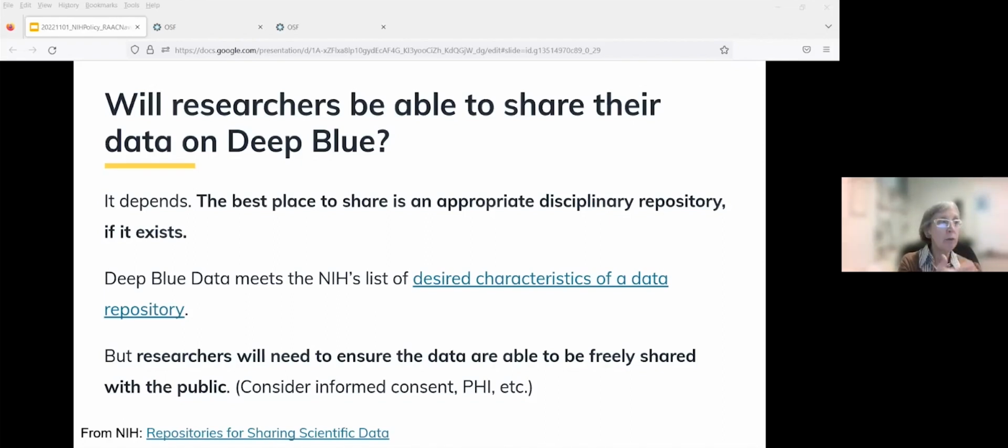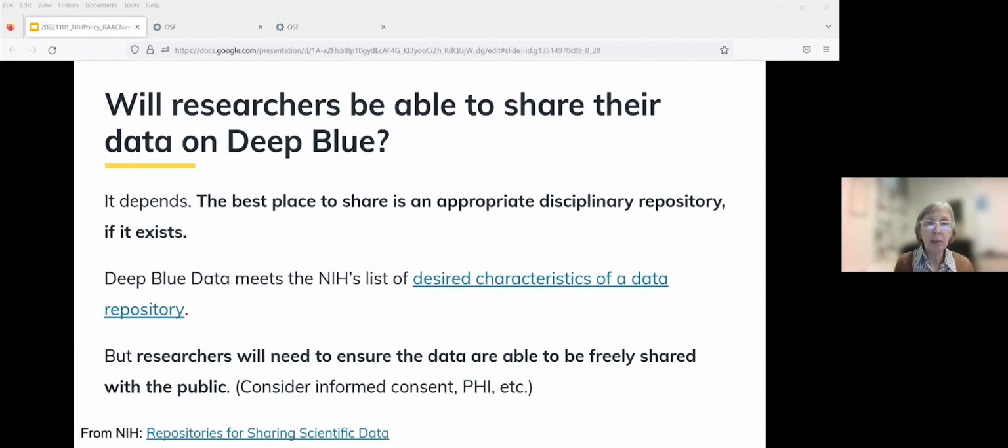But if none of those work for you, there are 6 generalist repositories, part of NIH's GREI, Generalist Repository Ecosystem Initiative. I'll just name those 6. Some of those are in the chat that Peter shared, but Dryad, Dataverse, Figshare, Mendeley Data, Open Science Framework, and Vivli are some of them.